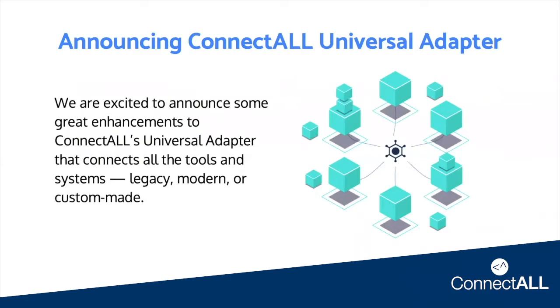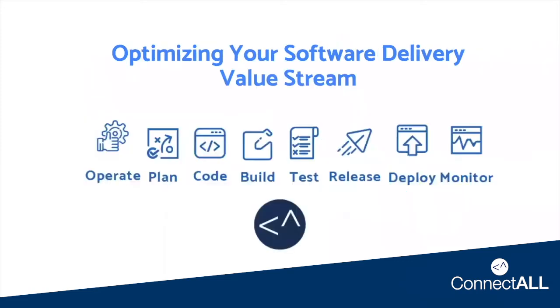The Universal Adapter is going to let you connect any two tools in your software delivery system, and actually tools outside of your software delivery system as well. And it's going to bring this next level of value stream optimization to your businesses. With the Universal Adapter, any monitoring tools can amplify feedback loops into your planning tools or into your operational tools.